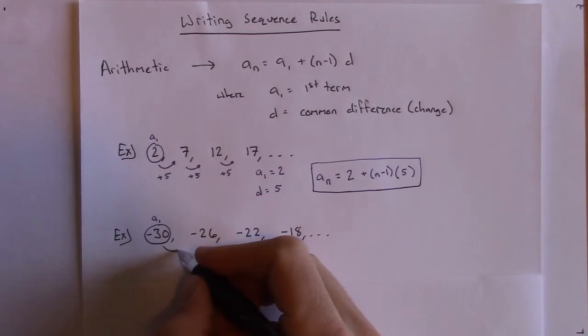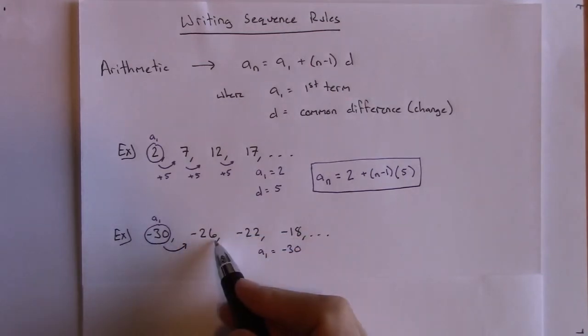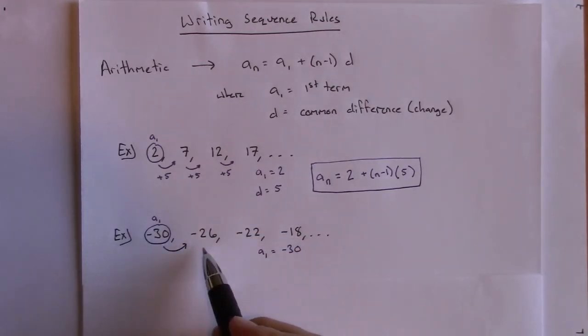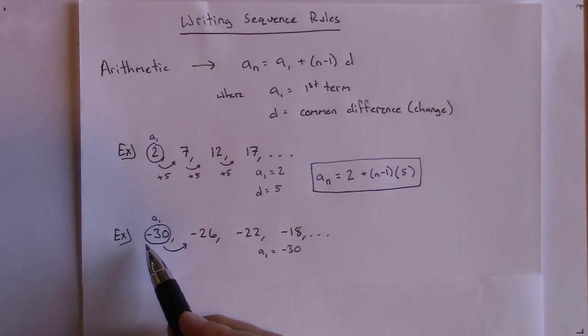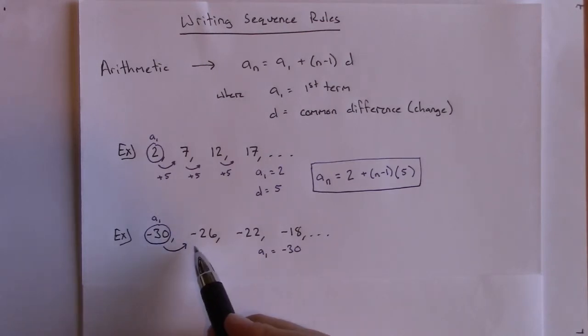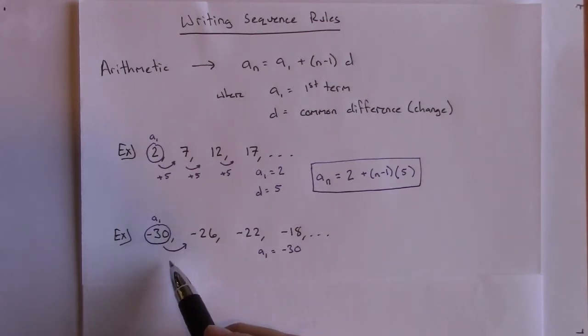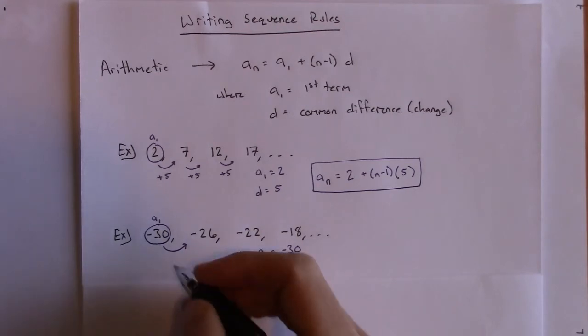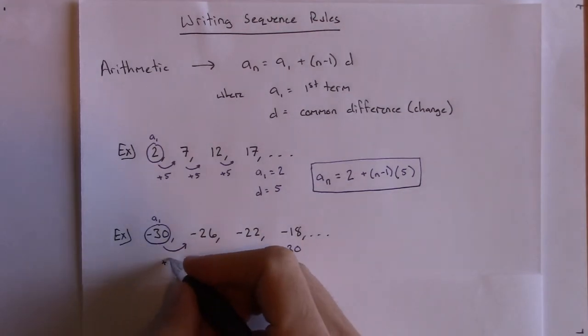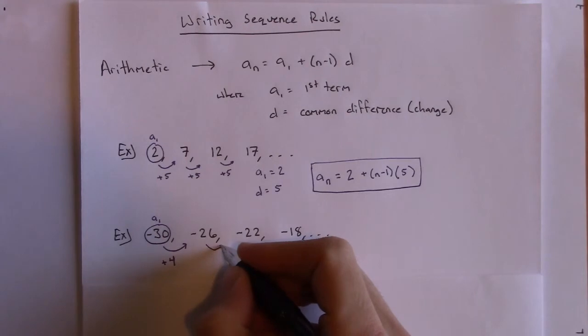I've got to be careful here because as I'm going from left to right, my number changes from 30 to 26, but I'm negative. So if I were to go from negative 30 to a negative 26, I'm actually adding a positive number. Even though the numeral is getting smaller, I'm adding a positive value. So be careful, this really is going to be a +4, not a -4.